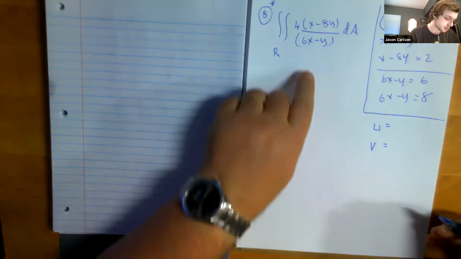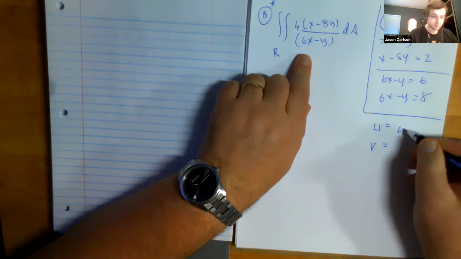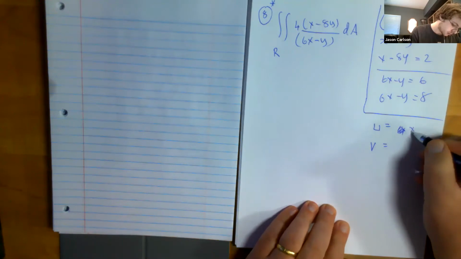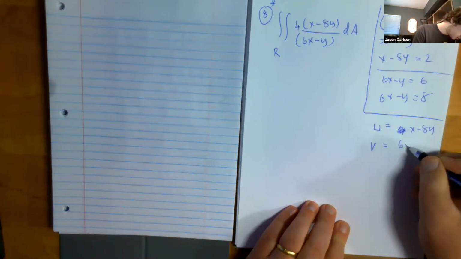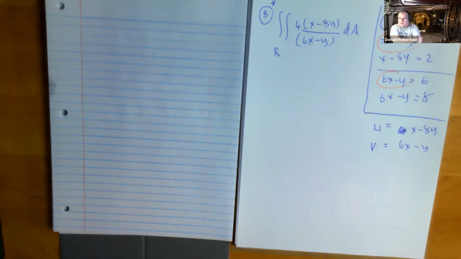u is 4x minus 8y, and v is 6x minus y. It makes sense that those two are very good candidates for the u and the v. Let's see how that translates.